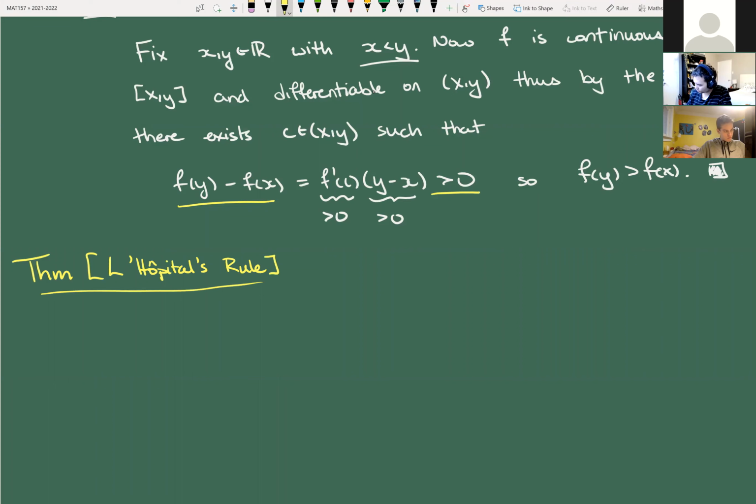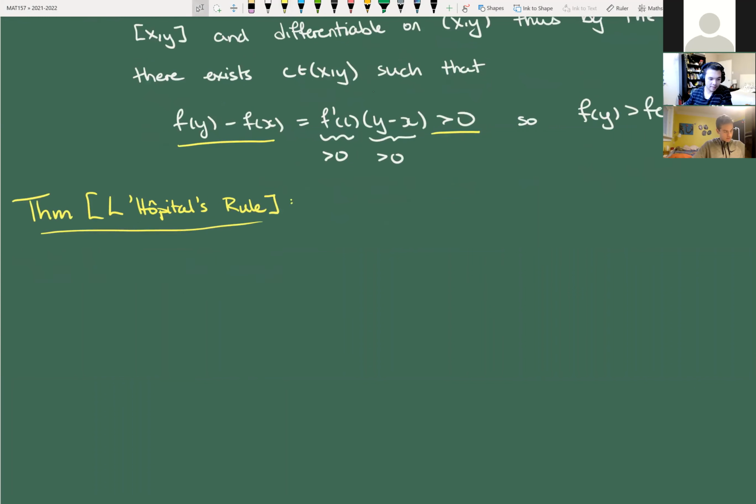Who's heard of L'Hopital's rule? Yeah. Did anyone see the proof of L'Hopital's rule? Oh, nice. Okay. Okay, sure. I mean, the proof is not, it depends, right?